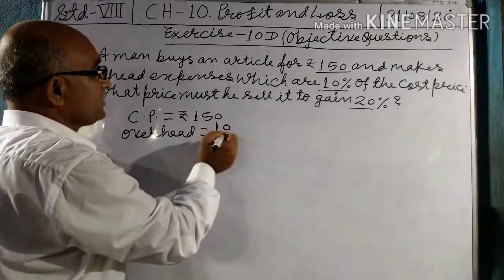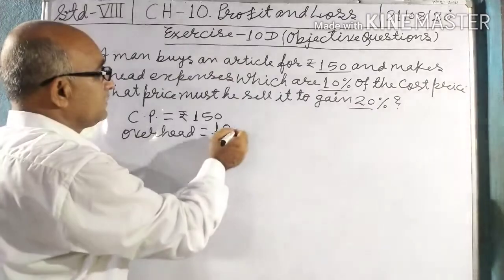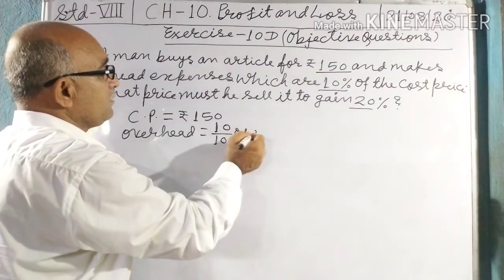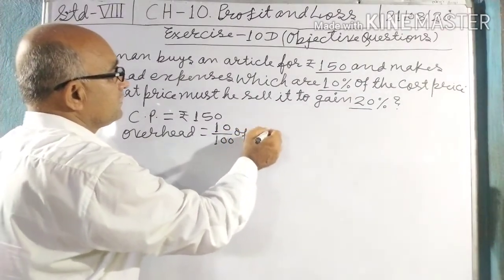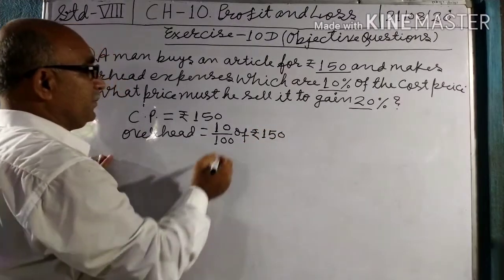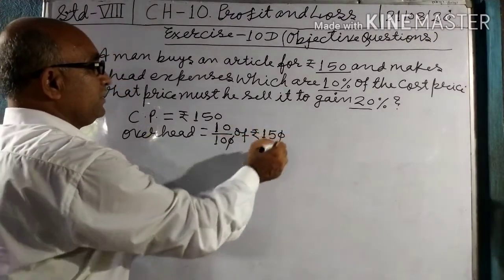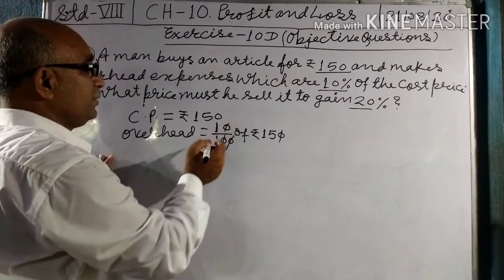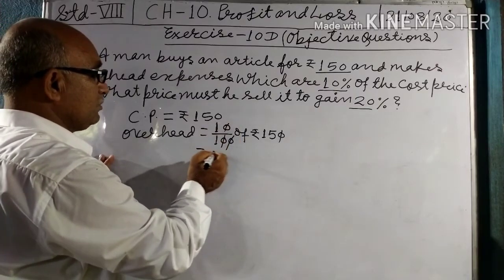So 10% means 10 by 100 of CP rupees 150.